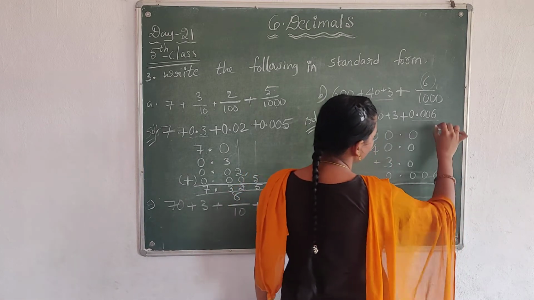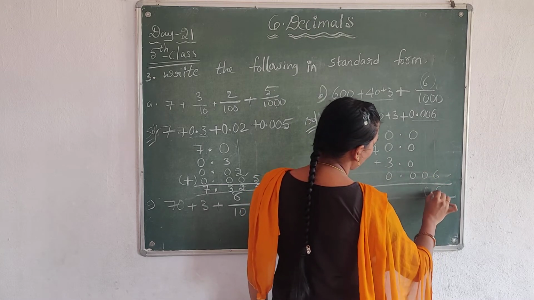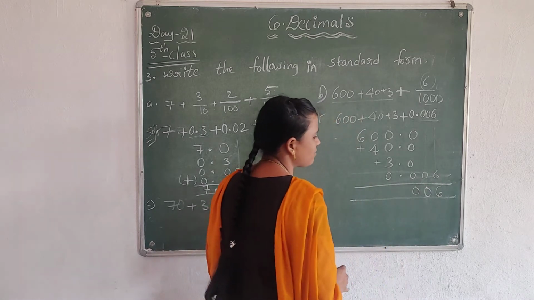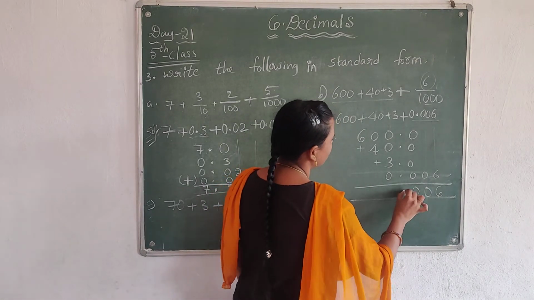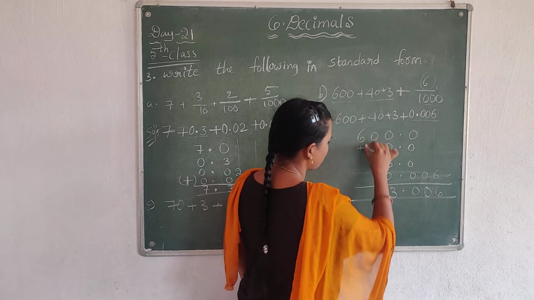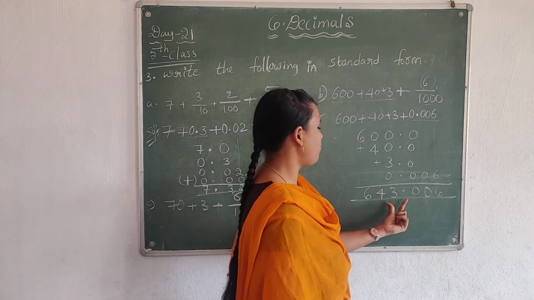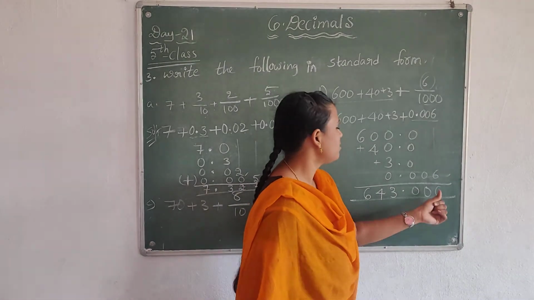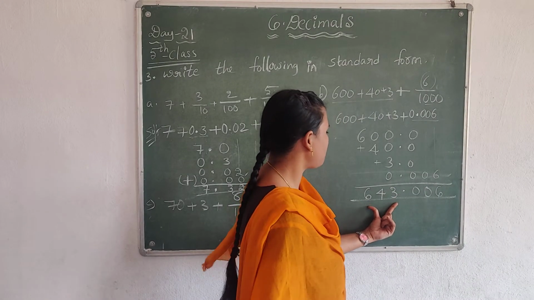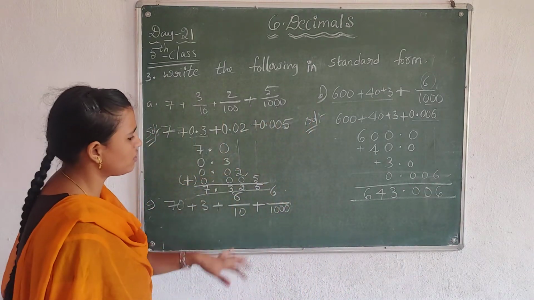Now add it. Are there any digits? No. 6. Are there any numbers? No. We have only 0, 0. Here? No. All are zeros. So 0. Point. Here 3. Here 4. Here 6. So what is the answer? 643.006. The answer is 643.006. So this is about the standard form.